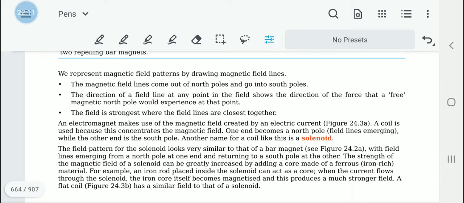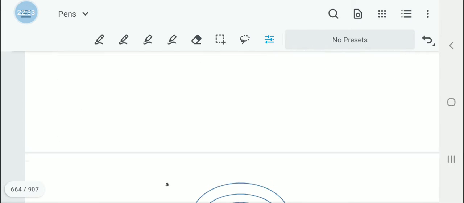This is quite similar to a bar magnet, and its strength can be increased by including a ferrous core, full stop.